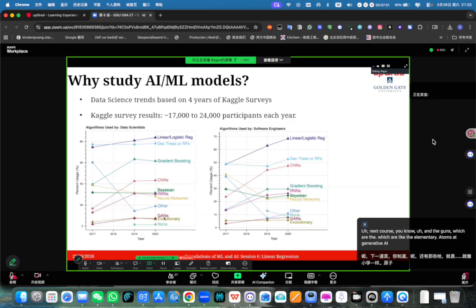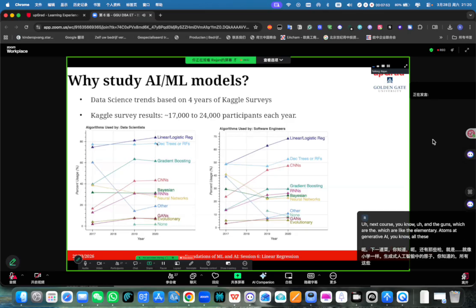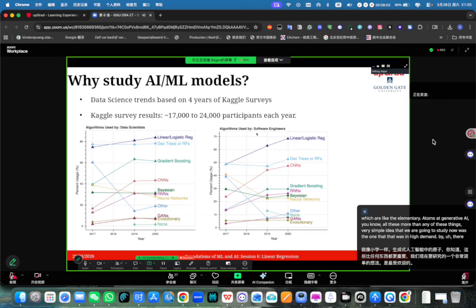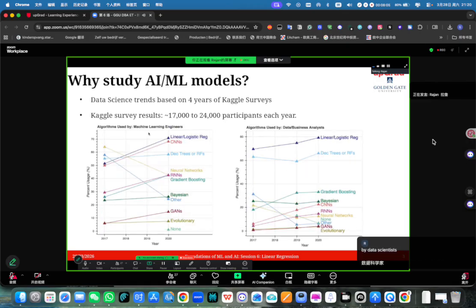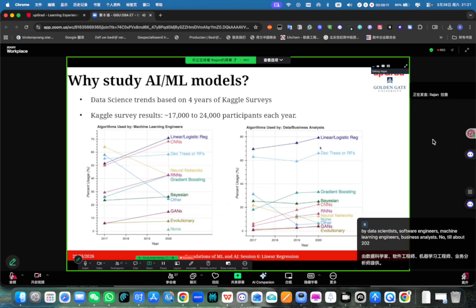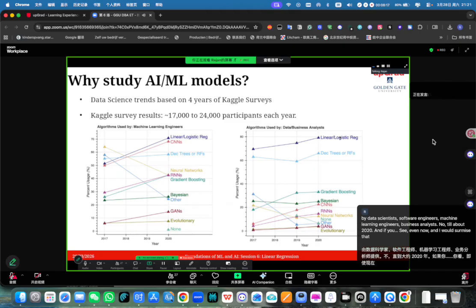More than any of these things, the very simple idea that we are going to study now was the one in high demand by data scientists, software engineers, machine learning engineers, business analysts, till about 2020.